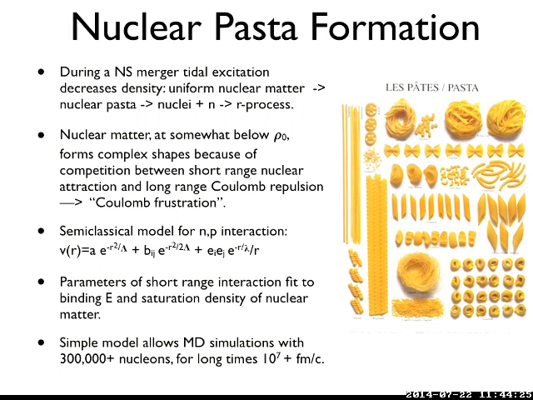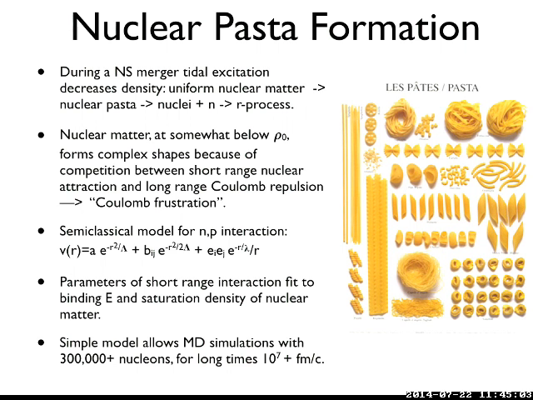It's attractive at intermediate distances, it's repulsive at short distances, and the parameters here are adjusted to reproduce nuclear saturation, that is, saturation density and binding energy of nuclear matter. And then you just have Coulomb between the protons. We don't follow the electrons explicitly in our simulation, but the slightly polarizable gas of relativistic electrons gives a screening length. So actually it's a Yukawa Coulomb interaction that's been screened by the electrons.